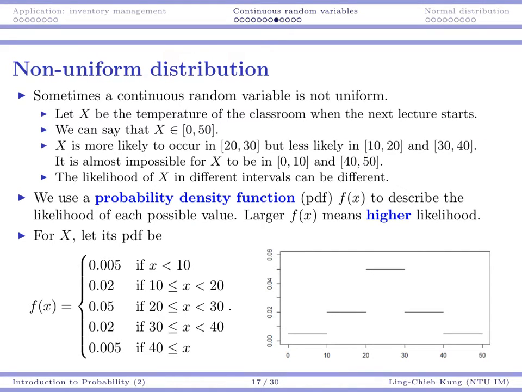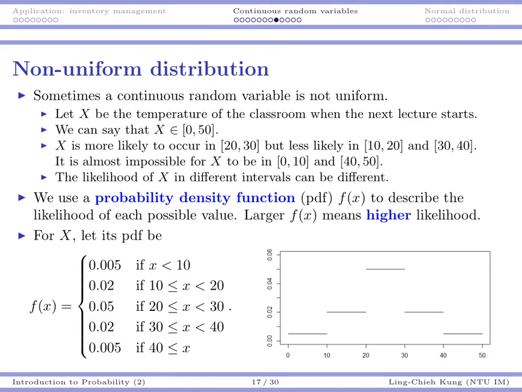It's even more unlikely for X to be within 0 to 10 or 40 to 50. So within the range of possible values, some subsets may be more likely for X to occur and some are not. That means the likelihood of X in different intervals can be different.